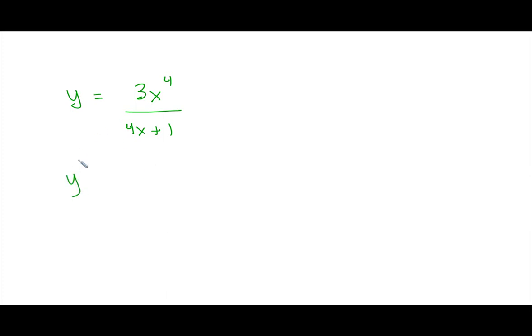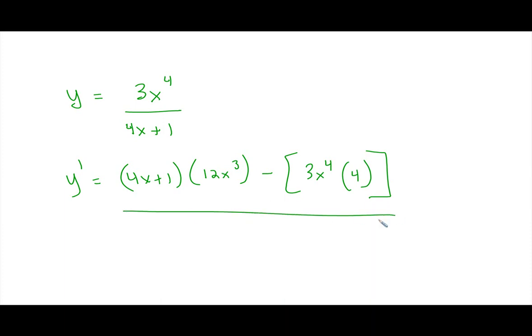So quotient rule says, okay, I take the bottom times the derivative of the top. Derivative of the top is going to be what? 12x to the 3rd, minus, and then I take the top times the derivative of the bottom, which is just going to be 4, all over the denominator squared.